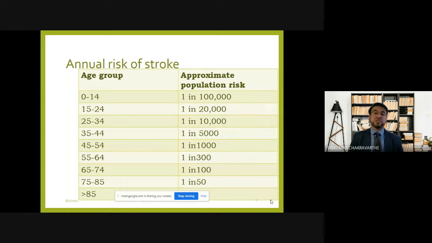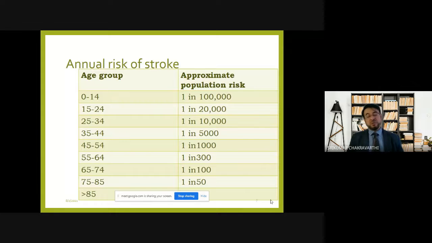A stroke is a manifestation of a hemorrhage where one part of the body becomes weak, or one part of the body undergoes a paralysis, or both legs, or one hand and one leg on each side. As you can see, every year as the age increases, the chances of a stroke increases significantly, to the extent that among those above 85, 1 in 3, about 33% of the population, are at risk of stroke.